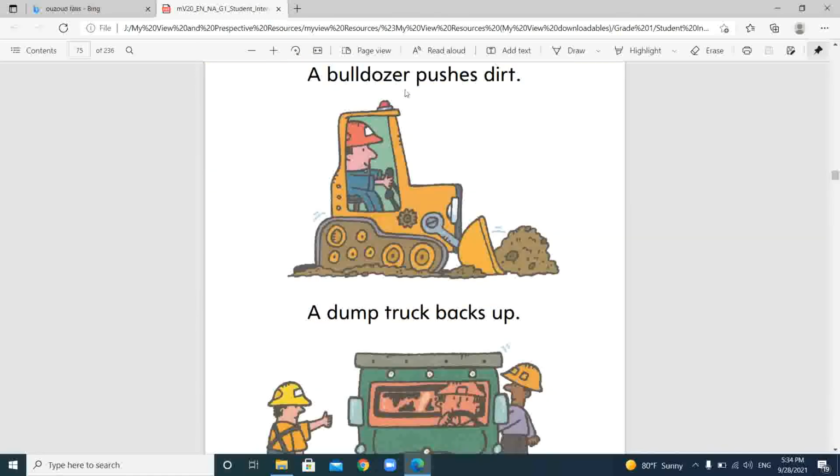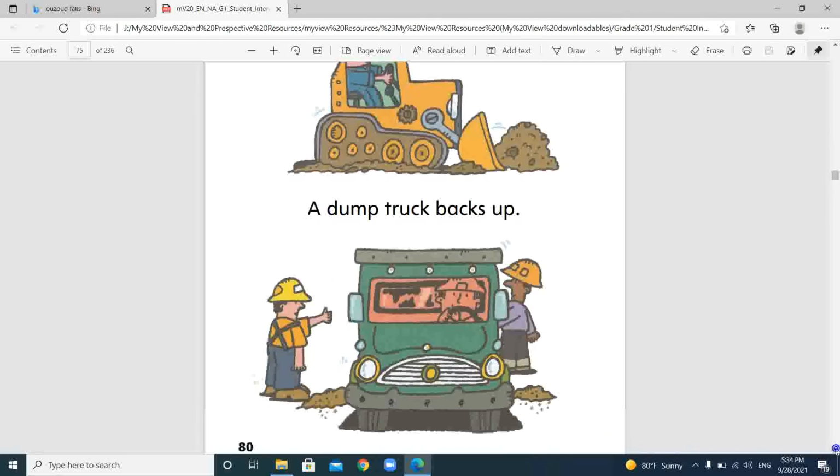A bulldozer pushes dirt. This is a machine that pushes dirt. It's called a bulldozer. A dump truck backs up. This is a big truck, and it dumps things at the back. So a bulldozer collects the dirt.